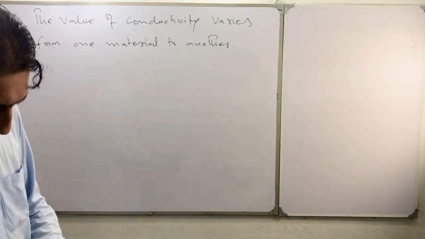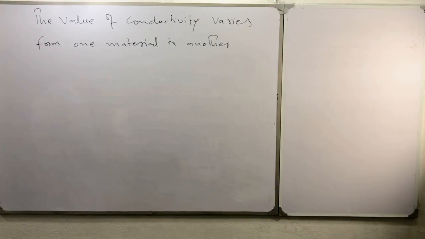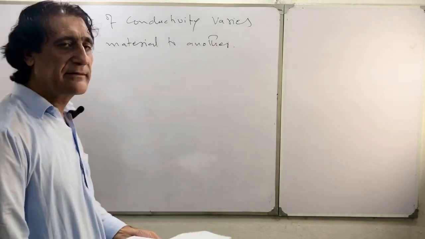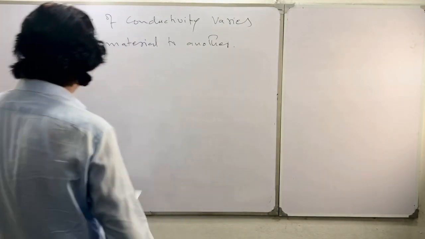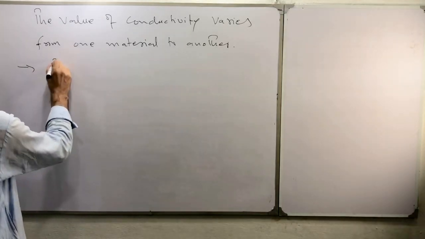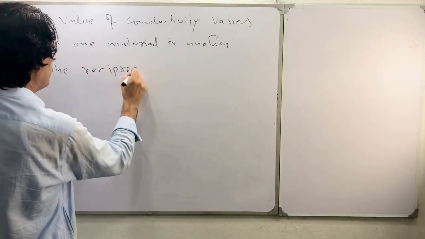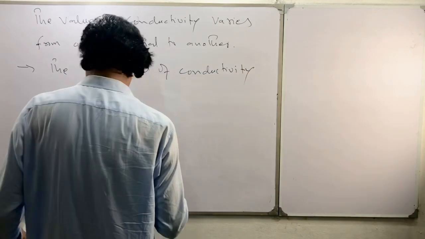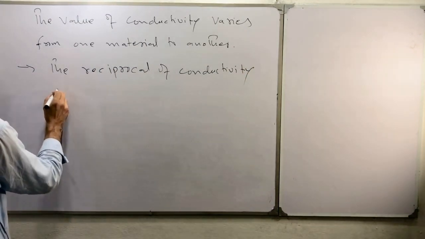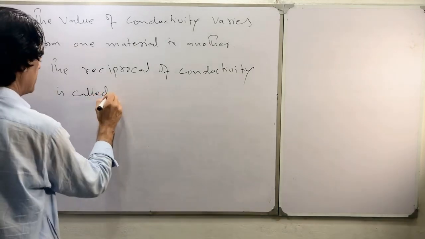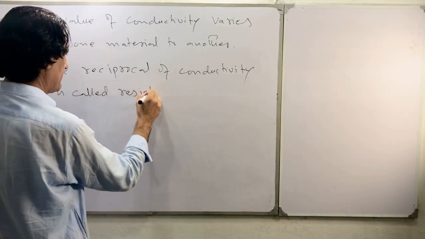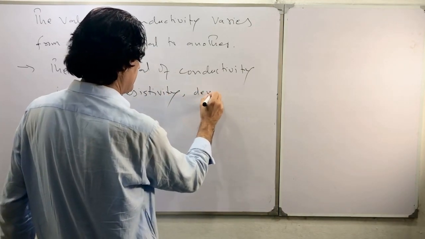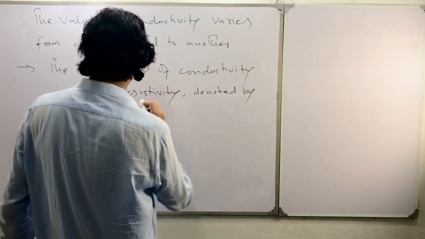The reciprocal of conductivity is called resistivity, and it is denoted by rho.